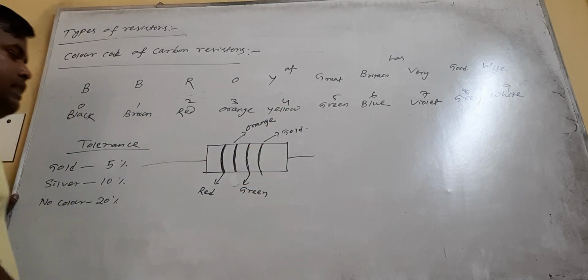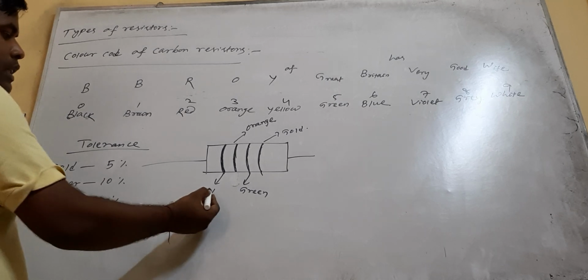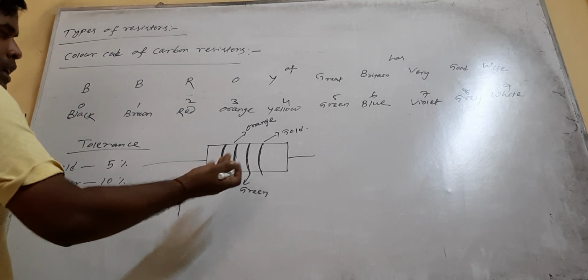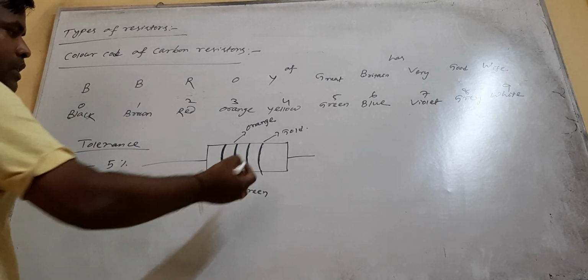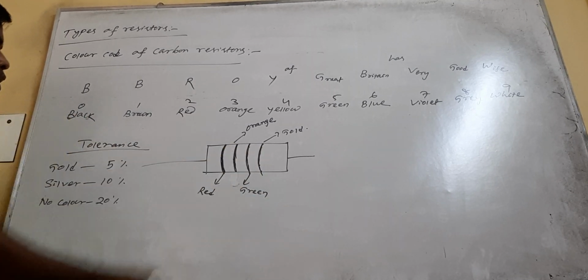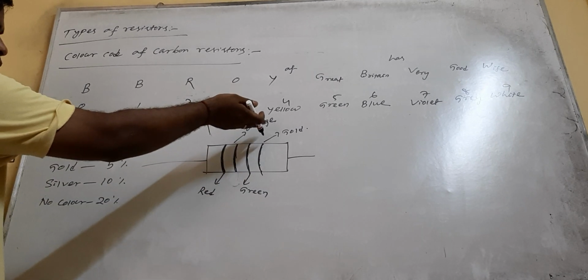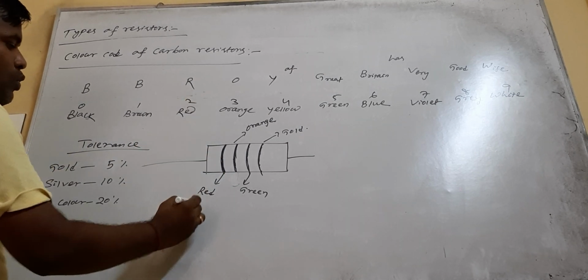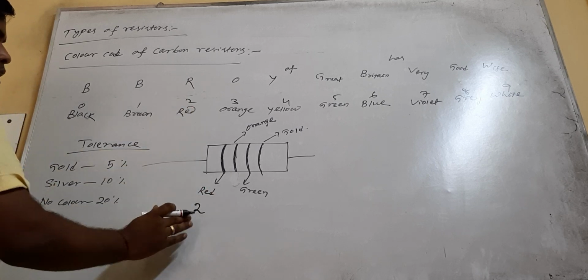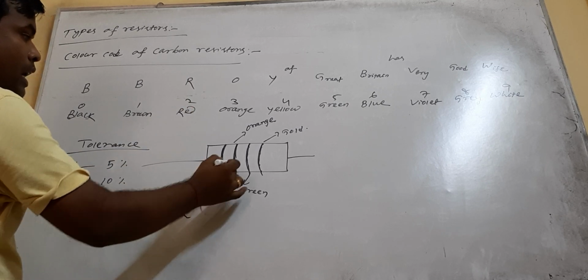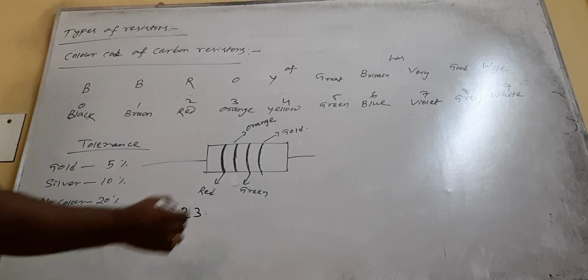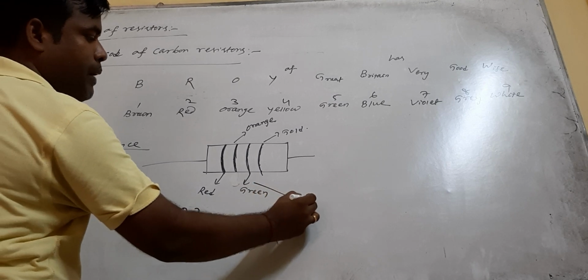How can you know the resistance value? It is a band of 4 colors. There may be 3 colors, because the fourth one gives the tolerance value. If there is no fourth color, then the tolerance is 20%. For red, the assigned digit is 2, and for orange it is 3, and the third color gives you the multiplier.